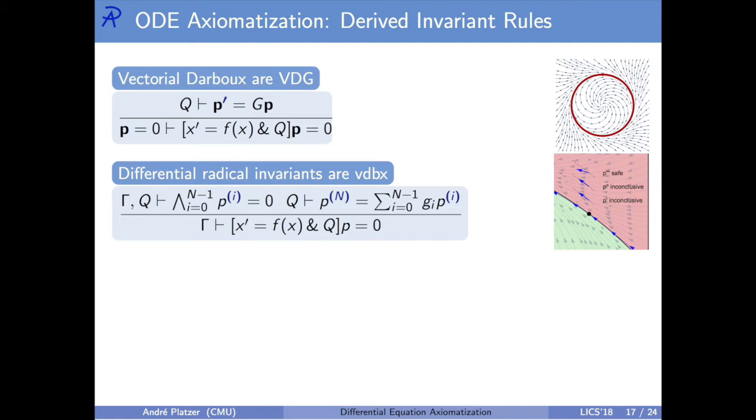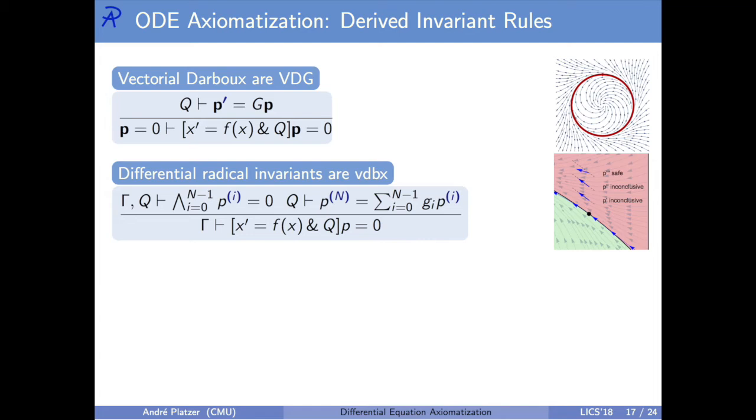So what that means is p equals 0, if you have a bunch of assumptions, p equals 0 is true after a differential equation if all the Lie derivatives, so this particular blue parentheses thingy means the ith Lie derivative, in the current state and under the current evolution domain constraint, are 0 up to n, and the nth Lie derivative, so the next one, is in the ideal generated by the previous Lie derivatives, or again a polynomial multiple of these.